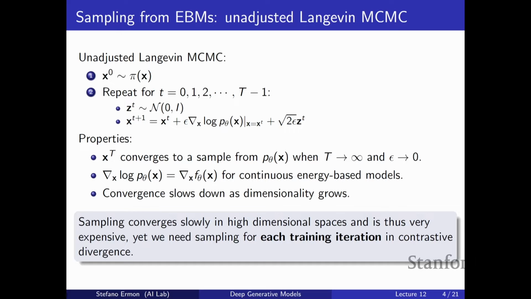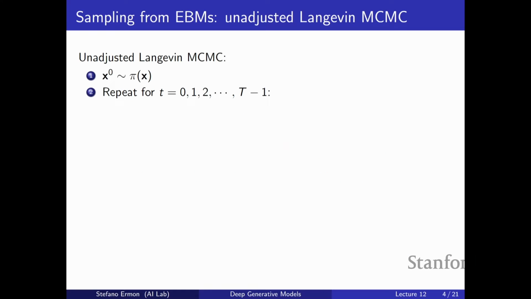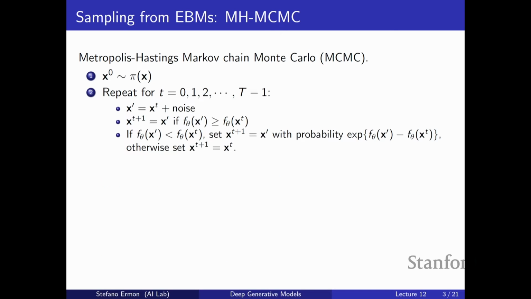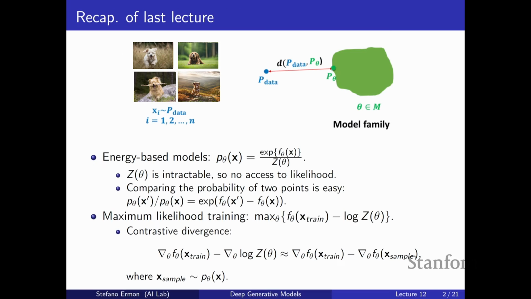But if you have to do it during training, then things become very, very expensive. Training energy-based models by sampling in an inner loop, where you're doing gradient ascent on the log likelihood, is very, very expensive. Even though this is a reasonable way of sampling from an energy-based model, it's just not fast enough if you want to plug this in as a contrastive divergence subroutine, where for every training data point you have to generate a sample from the model.